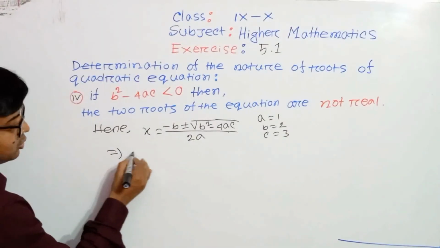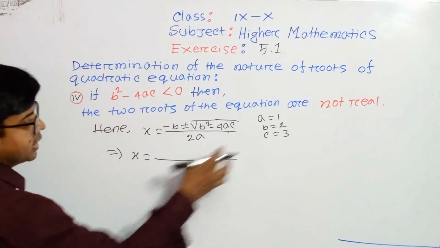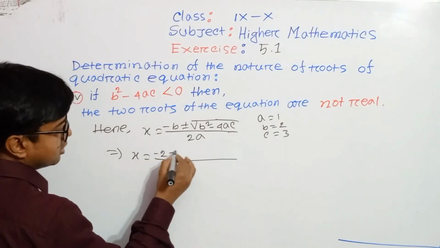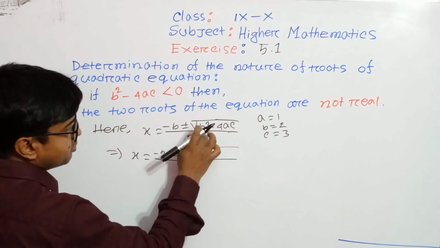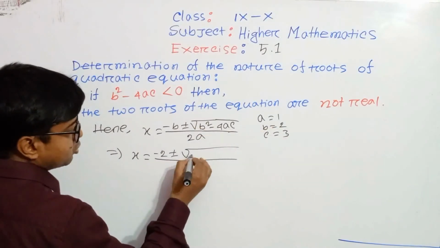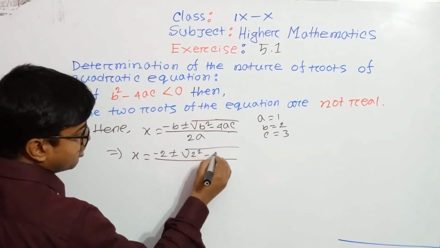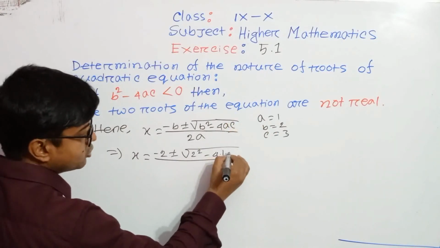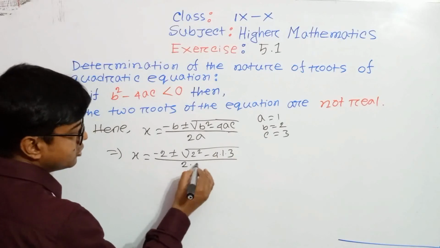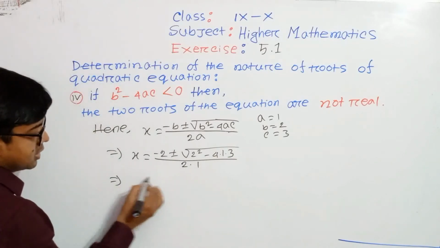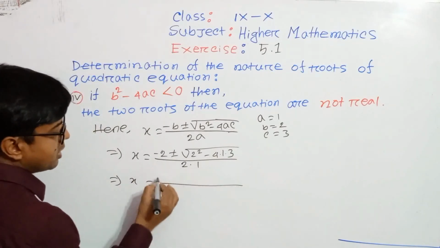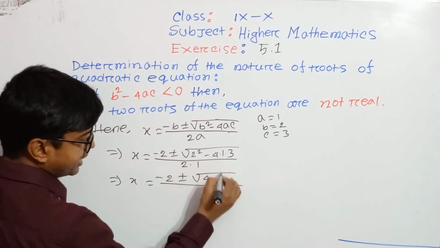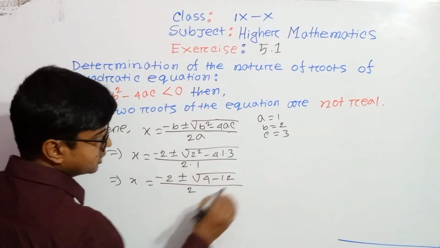Now putting these values, x equals minus 2 plus or minus square root of 2 square minus 4 into 1 into 3, by 2 into 1. Now after this line it will be minus 2 plus or minus square root of 4 minus 12, by 2.